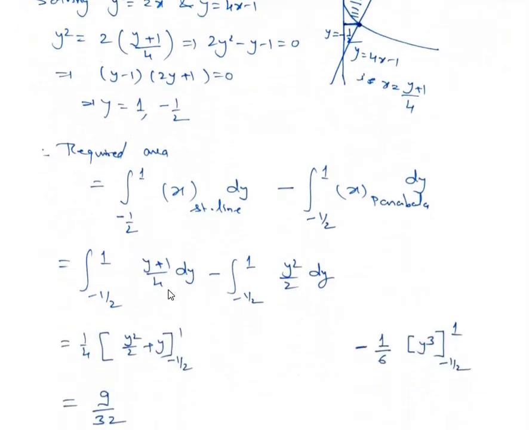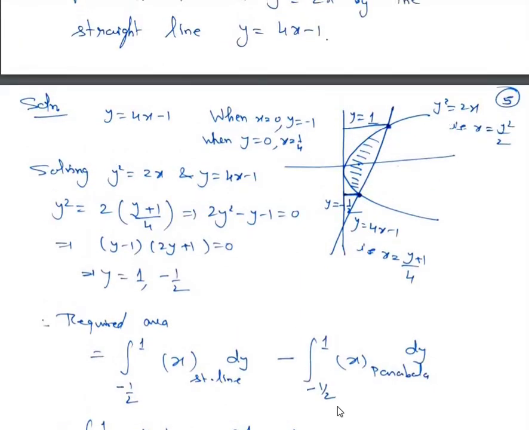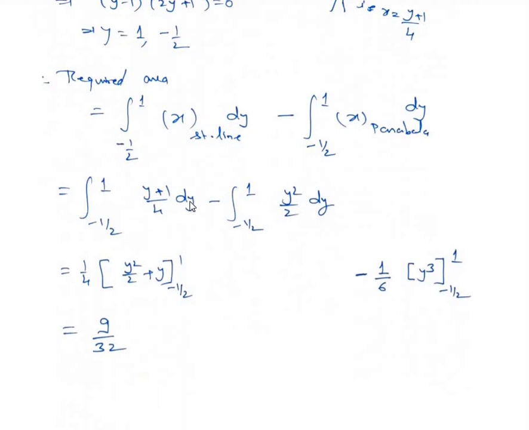X for the straight line is (y plus 1) upon 4, and x for the parabola is y square upon 2. So integrate it, 1 upon 4 outside the integral sign. Integration of y is y square upon 2 plus y, limits from minus half to 1, and integral of y square is y cube upon 3. So we have 1 upon 6 y cube, minus half to 1. So put the limits. So we'll get the answer as 9 upon 32.